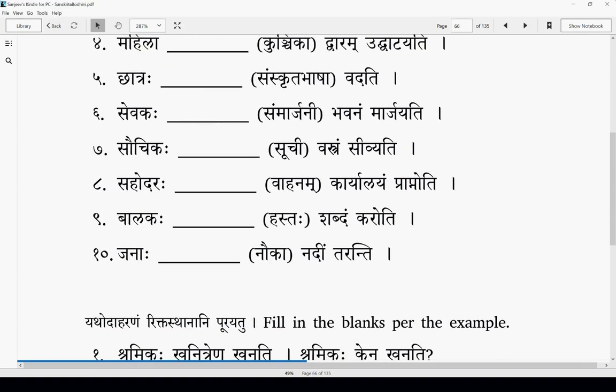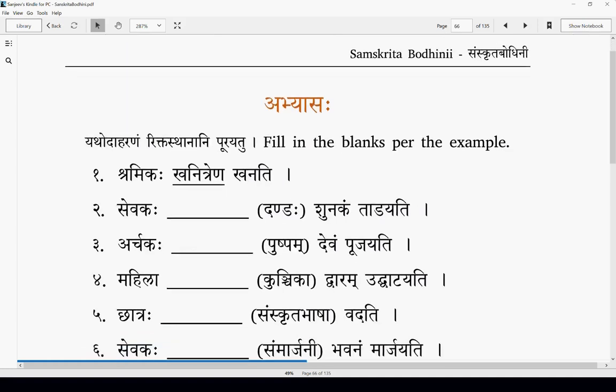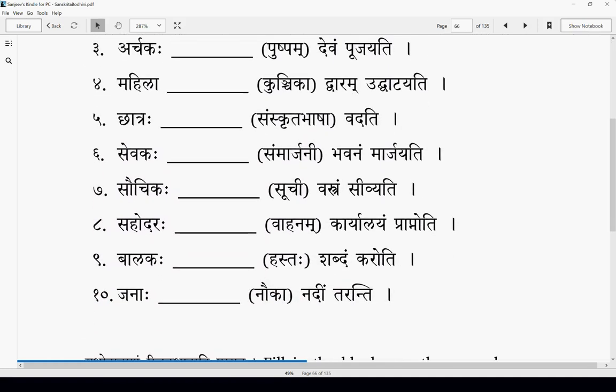Sauchikaha is tailor. Suchi, needle. Vastram, cloth.